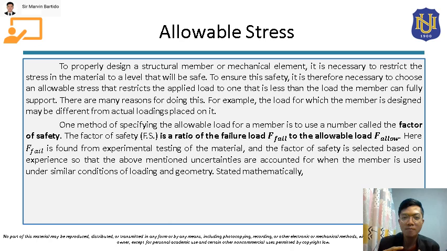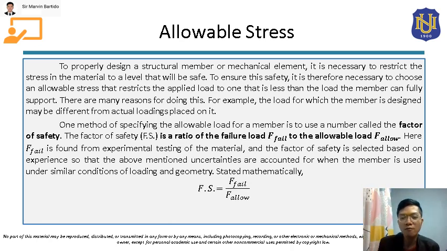That failure load is found from experimental testing of the material, and the factor of safety is selected based on experience, so that the above mentioned uncertainties are accounted for when the member is used under similar conditions of loading and geometry, as stated mathematically in the following formula.